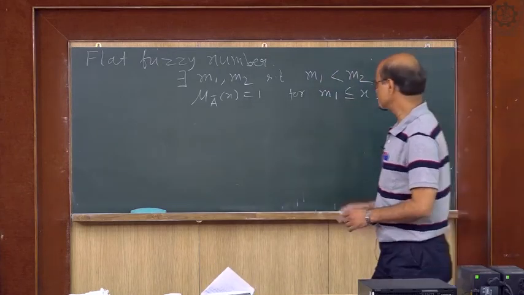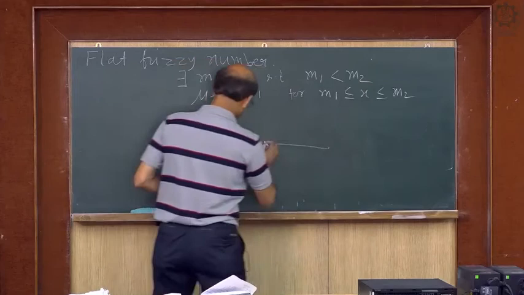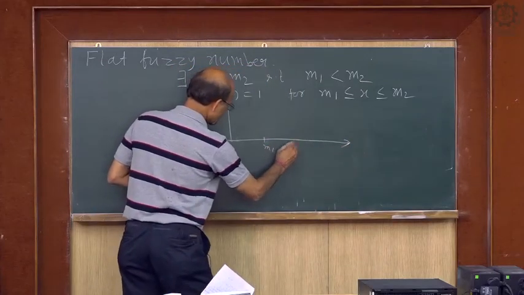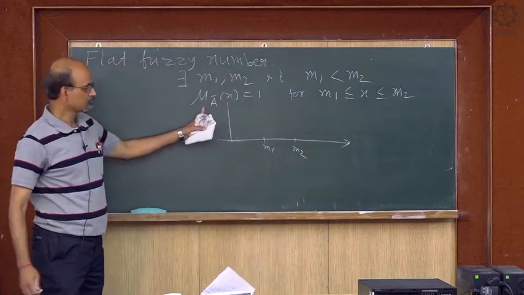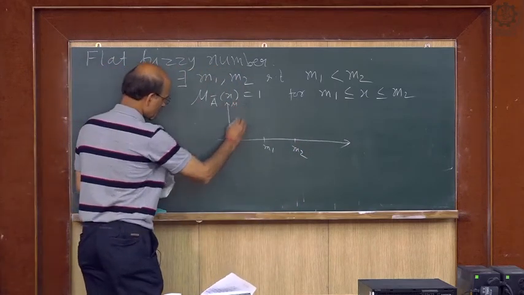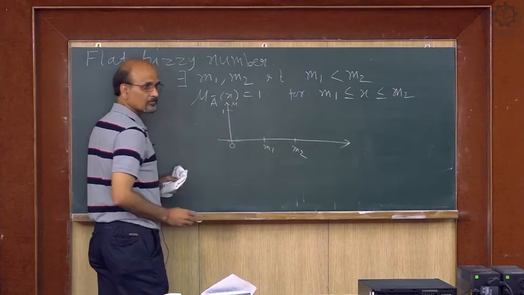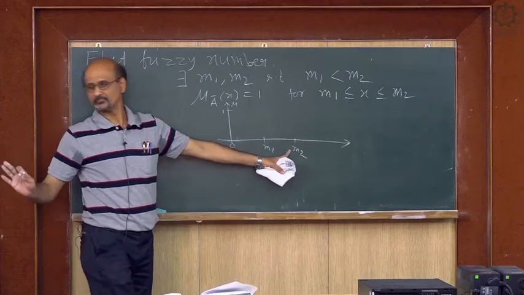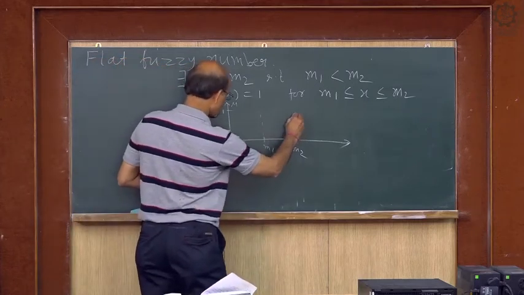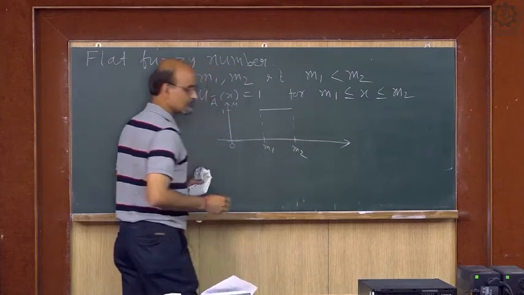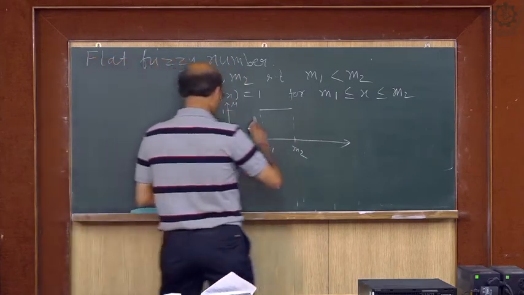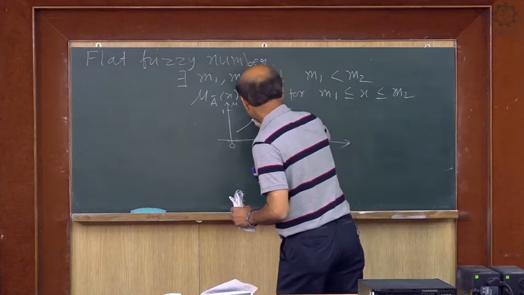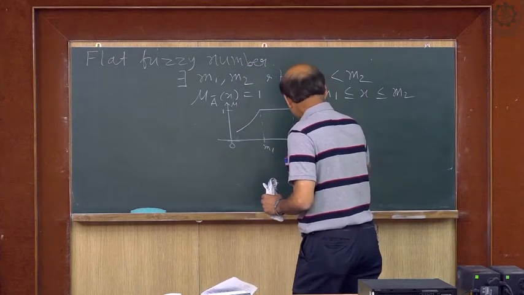So, if I plot this, suppose this is your m1, this is your m2, mu A bar x, and this is your mu from 0 to 1. Okay. So, from m1 to m2 it is 1, only it is saying that. But here the change is that if it is trapezoidal, it will go like this, but here it may be a little bit curved or like this.